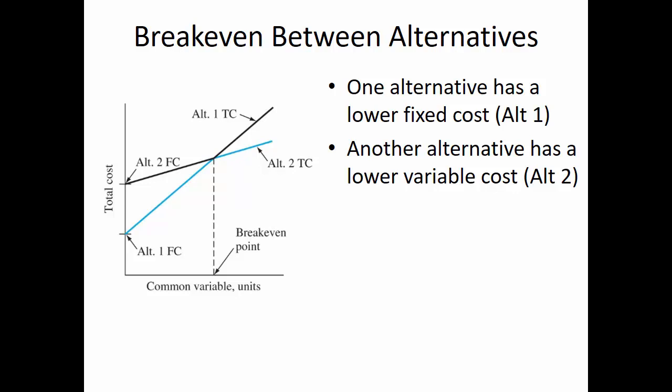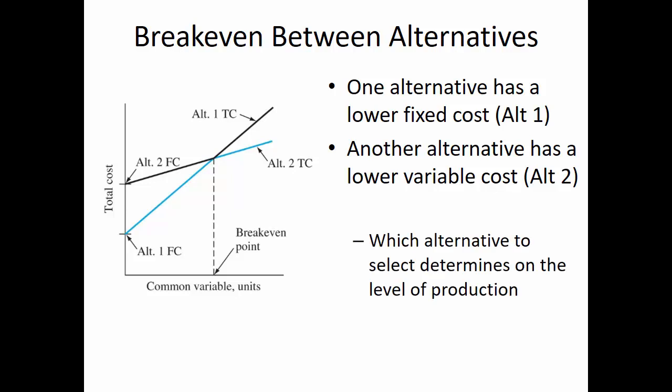And our objective here, the criteria that we're aiming for, is to minimize costs. That's the way to maximize your profits: try to get high revenue and low costs. What's the best combination of high revenue and low costs? That's what a company is going to be aiming for. So what we're trying to determine is which alternative to select, and the answer depends on how many items you're producing.